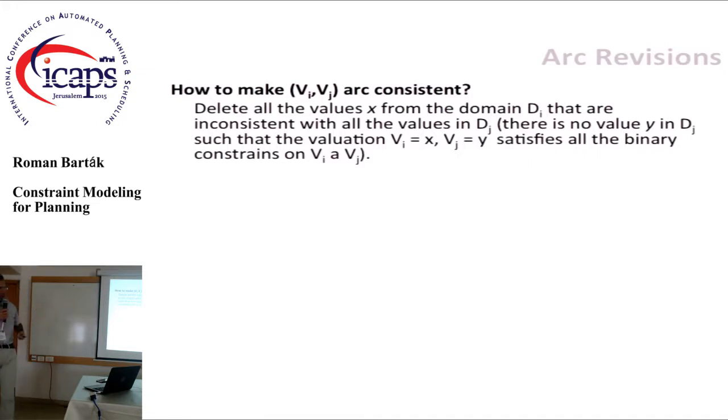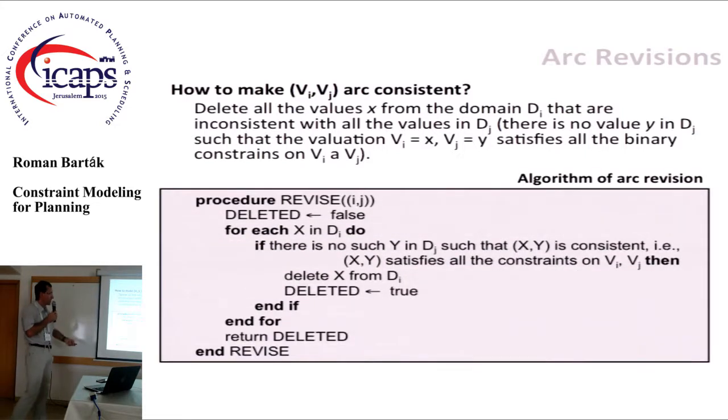So we will explore the values of the first variable, and for each value we try to find a support, a value consistent with it in the other variable. And if there is no support, we can remove the value from the domain of the first variable. Right? So this is for a single constraint. This is how the algorithm looks. Very simple. Explore all values in the first domain. Try to find a value y in the second domain such that it's consistent.